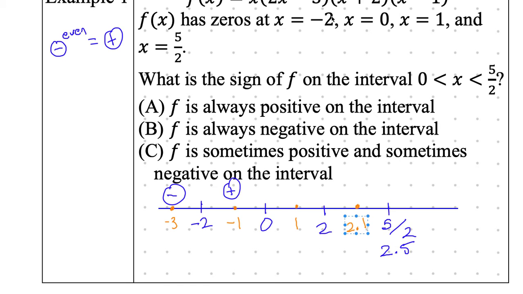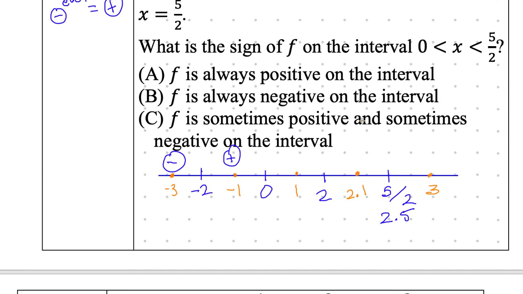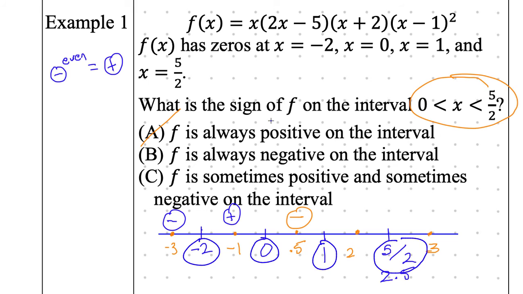And don't forget your last test point, which can be something like 3. I will be circling around the room, looking to see if you can find all of these intervals correctly. There is a shortcut that you should be looking for, and it's basically listed right here. Good luck!